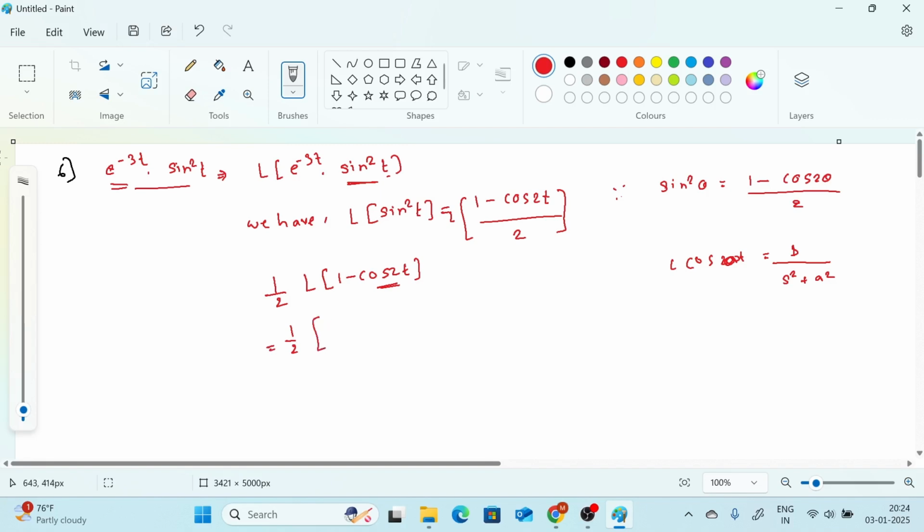By applying the linearity property, Laplace of 1 minus Laplace of cos 2t, I will get 1 by 2 times, Laplace of 1 is 1 upon s, minus s upon s square plus 4, since a is 2, meaning 4.